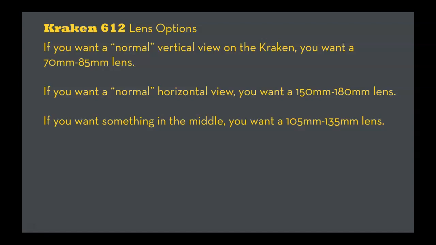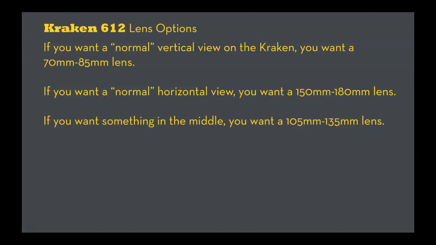Now, one of the things that you'll get in the corners, when you get that wide, with that first group, the normal vertical, it's very wide. In the corners, you're going to start to get the pincushion effect. You'll start to get people's heads elongating into the corners and stuff like that.